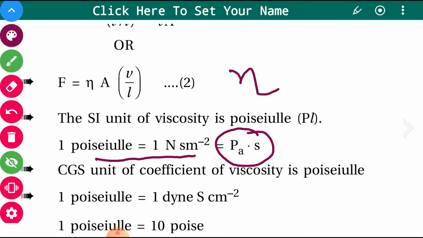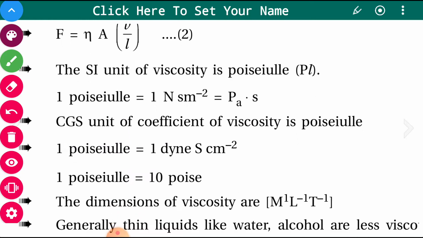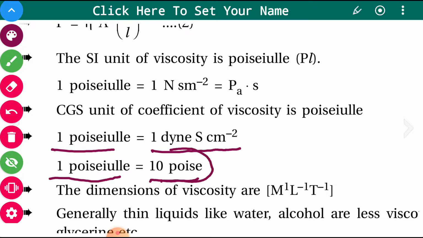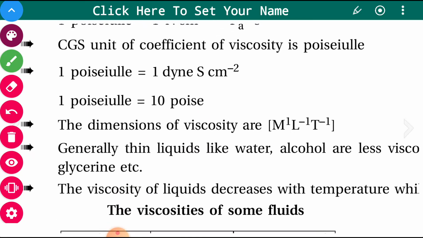The CGS unit is 1 poise, and 1 poise is 1 dyne second per centimeter square. 1 Poiseuille is 10 poise. The dimensional formula of coefficient of viscosity is M1 L minus 1 T minus 1.